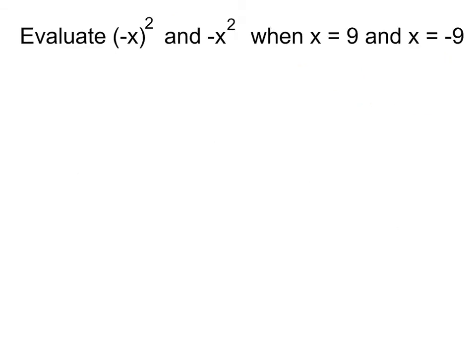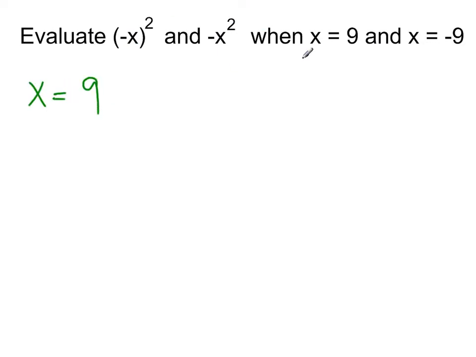And then the last thing we're going to cover here is a little problem that asks us to evaluate, in which we have (-x)² and the opposite of x², when x is 9 and x is -9. Just to give us a more in-depth picture of how the negative being included in parentheses versus on the outside changes our answer. So this question is asking a lot of things.